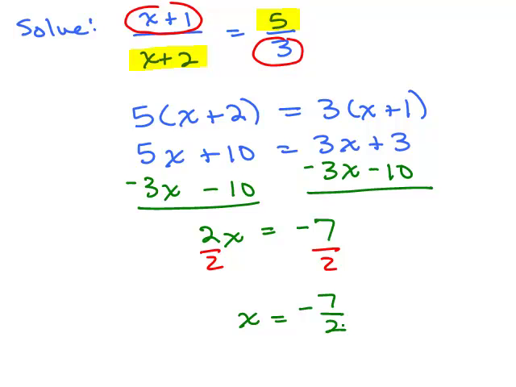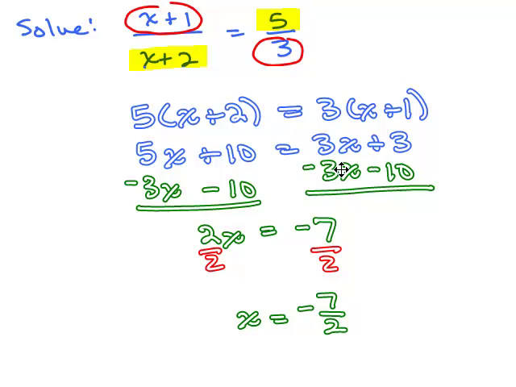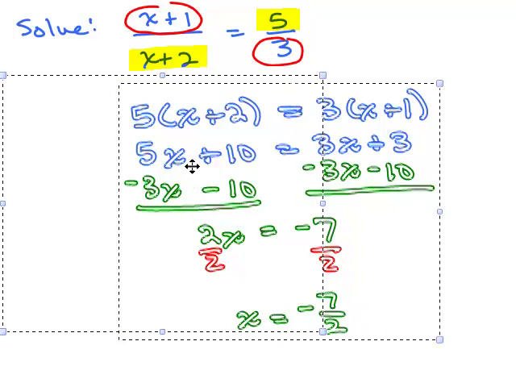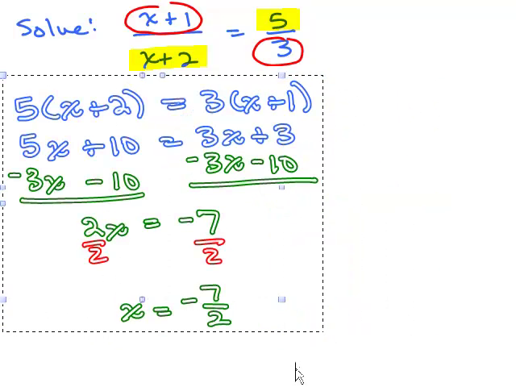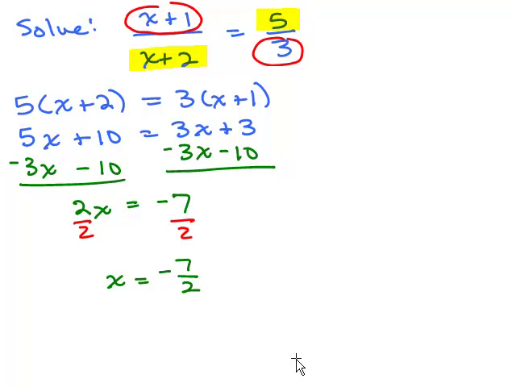All right, now it's extremely important to check any equation once you solve it, but especially rational equations and proportions, to make sure that you don't get a 0 in the denominator or any other strange things happen. So let's just move this over a little bit to the left, and let's go ahead and check.